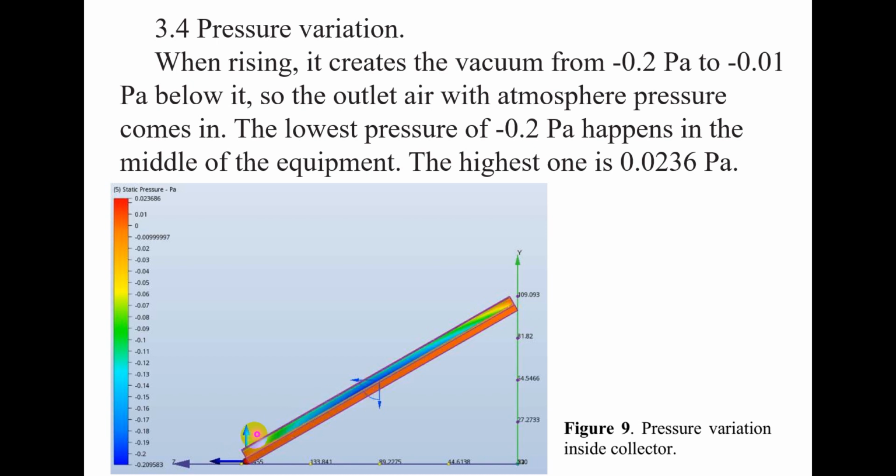The outlet air with atmospheric pressure will come in. The lowest pressure is minus 0.2 pascals, which happens in the middle of the equipment. The highest one is 0.236 pascal.